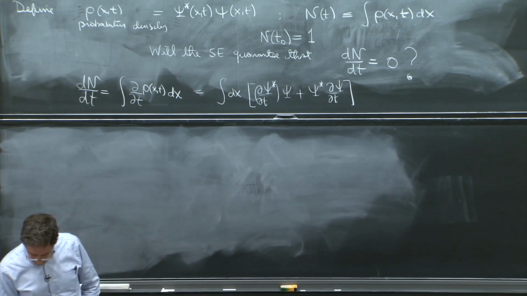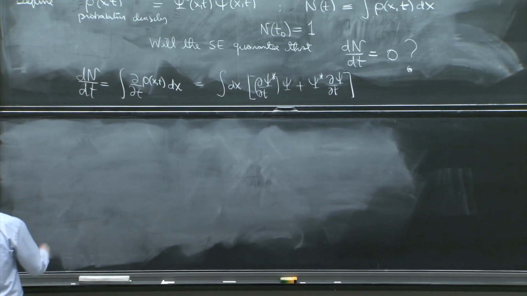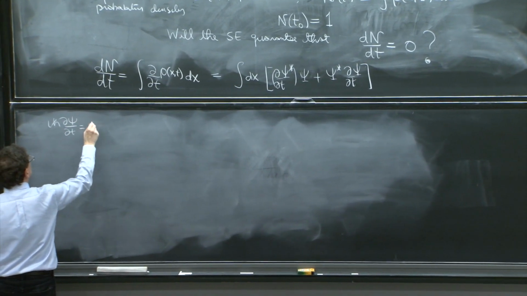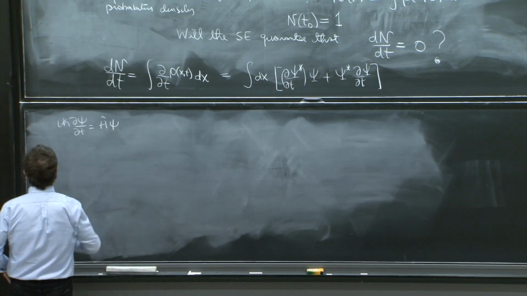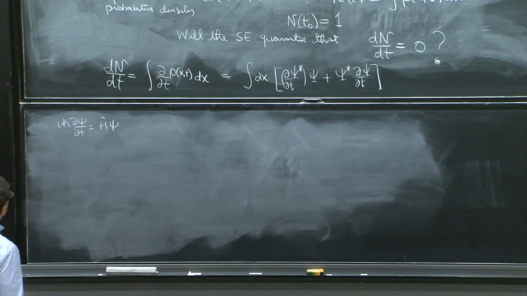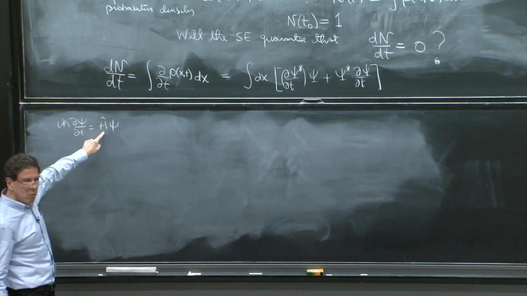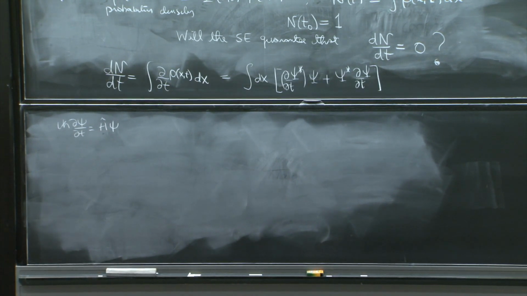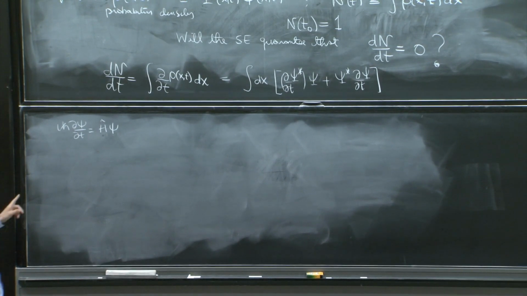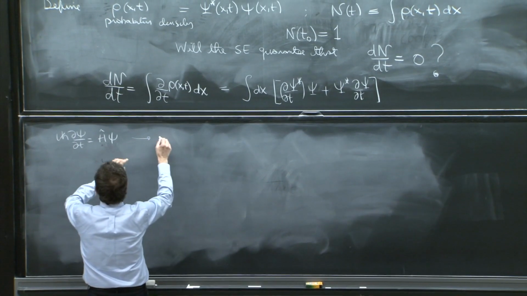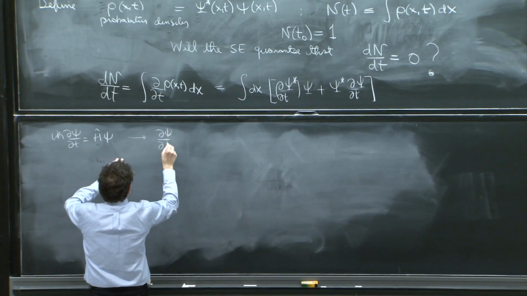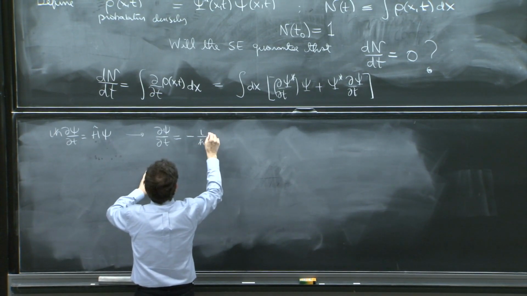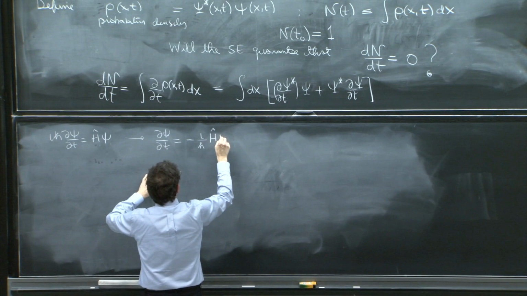So let's do that. So what do we have? i h bar d psi/dt equals H psi. We'll write it like that for the time being without copying all what H is. That would take a lot of time. And from this equation, you can find immediately that d psi/dt is minus i over h bar H hat psi.